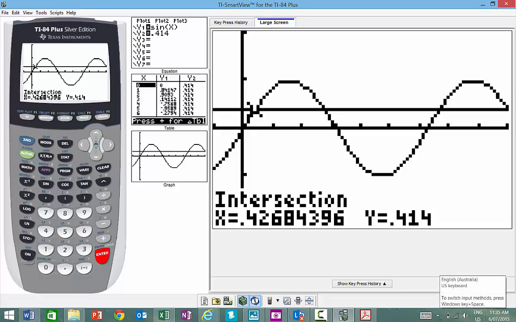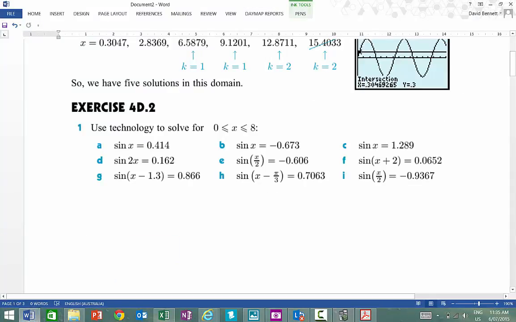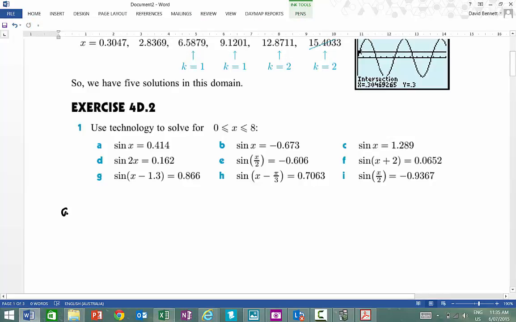If I do a sketch of what that looks like in my Word document, I think the easiest thing to do is to actually do a sketch of what your curve looks like.